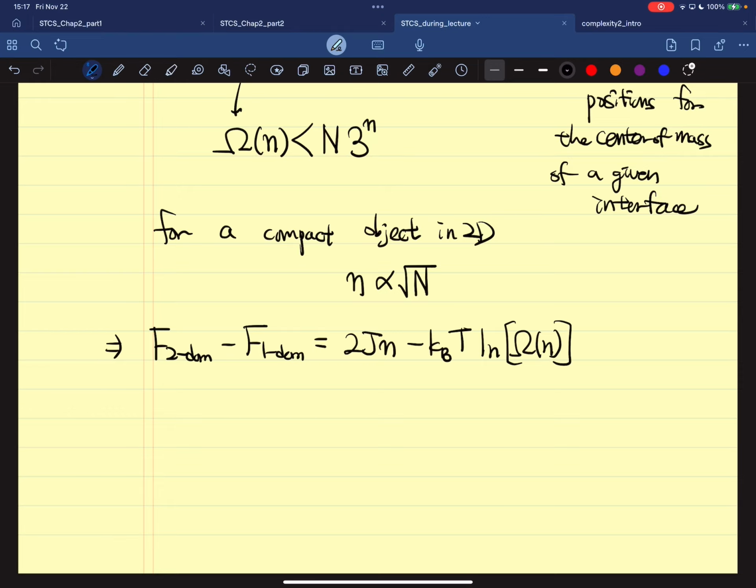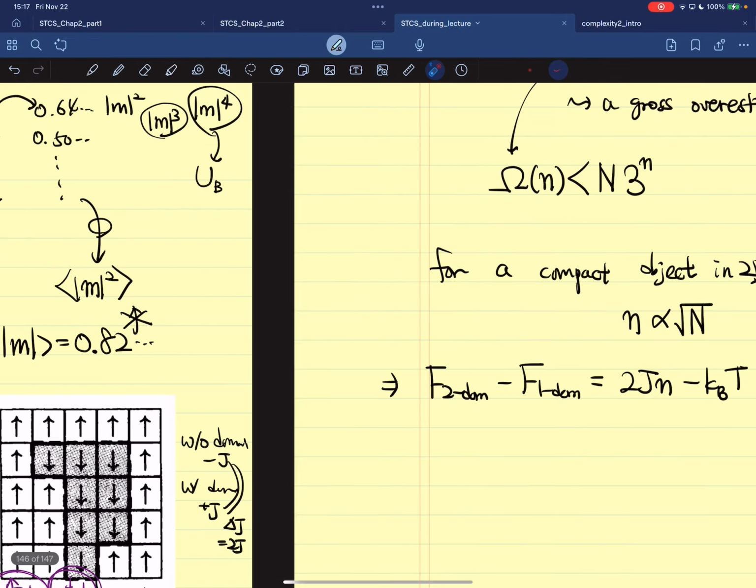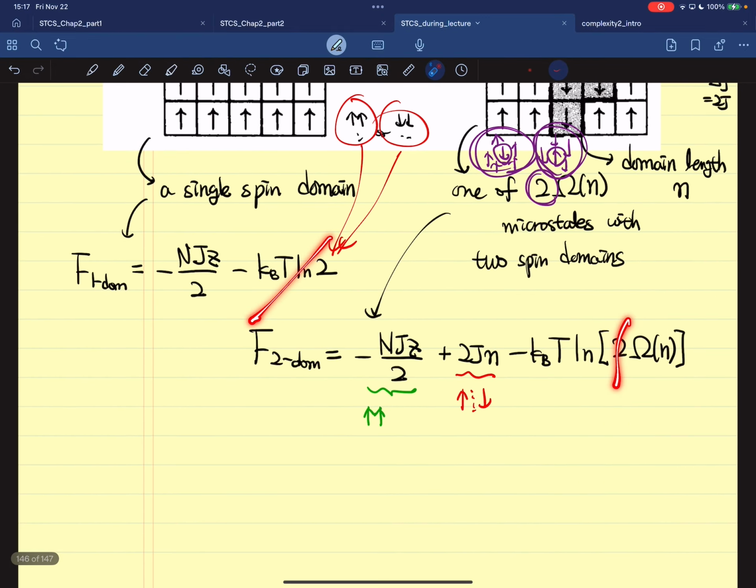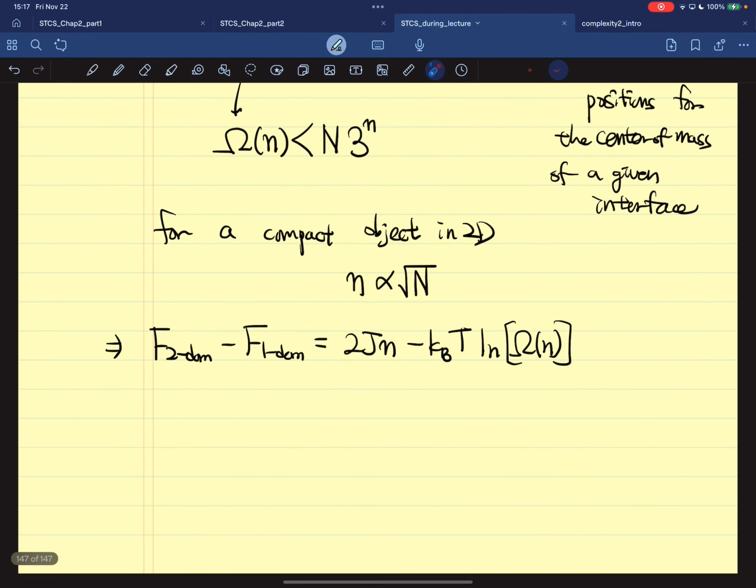The factor 2 was canceled out by this one and this one. Because this omega has this inequality, and this log is a monotonically increasing function, and there's a negative sign here.